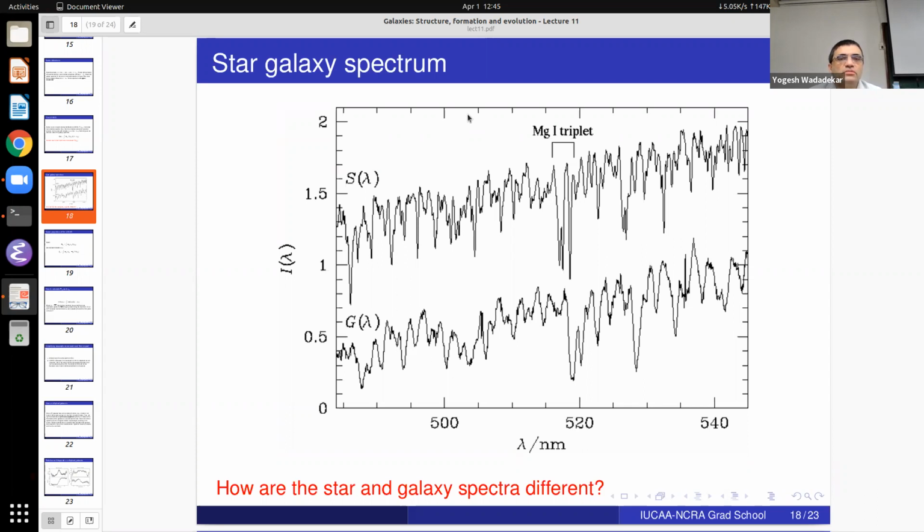How will you quickly tell from the continuum slope whether this is an elliptical or a spiral?